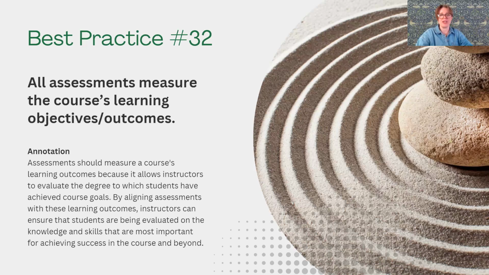So this is the literal reading of the best practice: all assessments measure the course's learning objectives or outcomes. And the annotation, I won't read it word for word, but essentially it states that assessments need to be aligned with the learning objectives because it allows instructors to evaluate the degree to which students have achieved those objectives, both module and course learning goals.